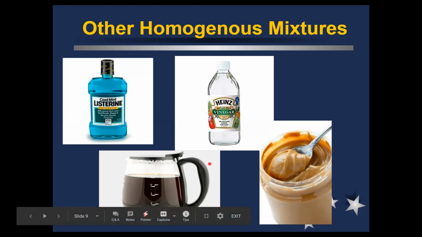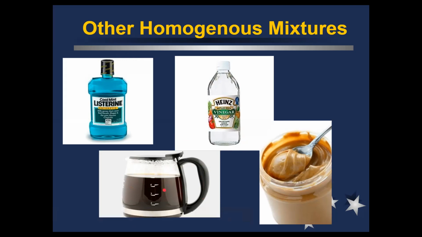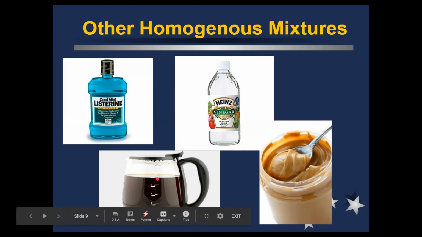Same thing with coffee that's had the grounds filtered out, right? So when the water moves through the coffee grounds, it takes in a bunch of that flavor compounds and caffeine and stuff that was in those coffee grounds.